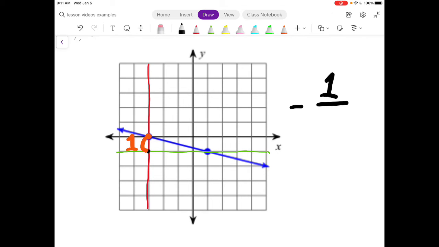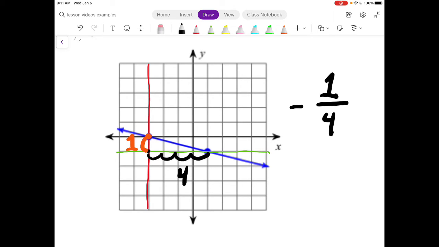Now the run, as you travel from left to right, we start at the point that we have, and we see it goes over 1, 2, 3, 4 units. So that's a +4. So we know that the slope of this line is -1/4.